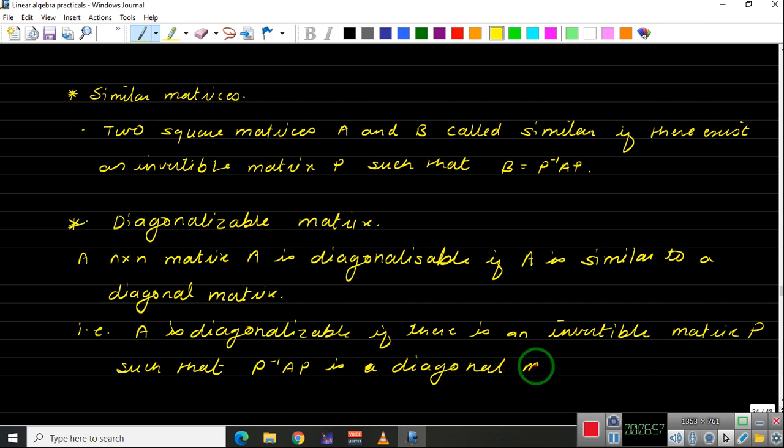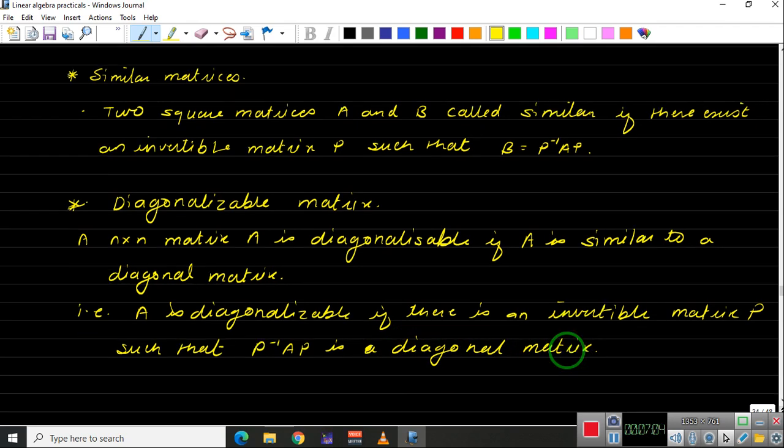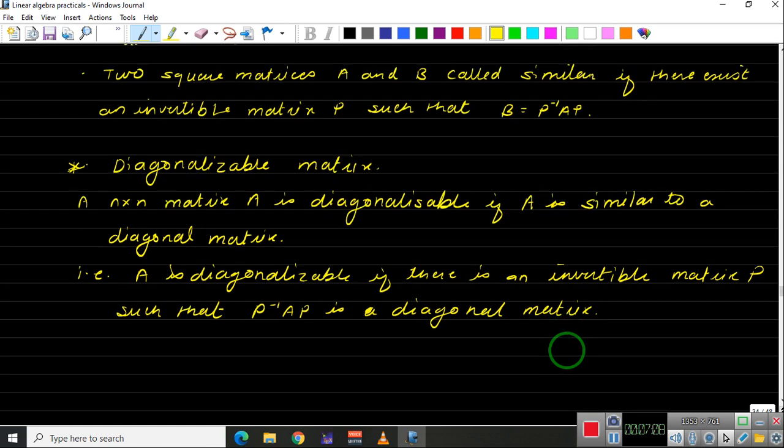So if we can find that diagonal matrix and that invertible matrix, then we can find the form A equals P inverse DP.